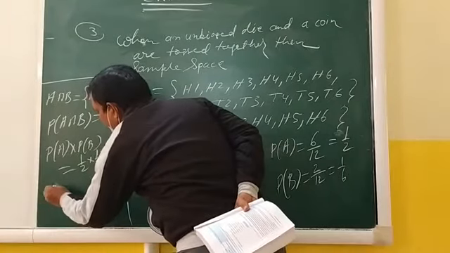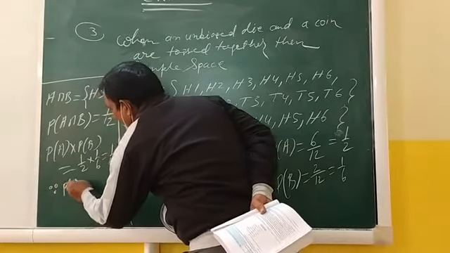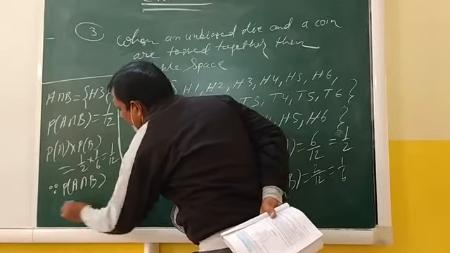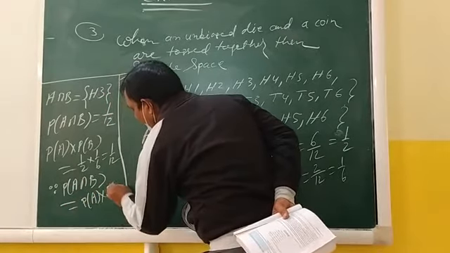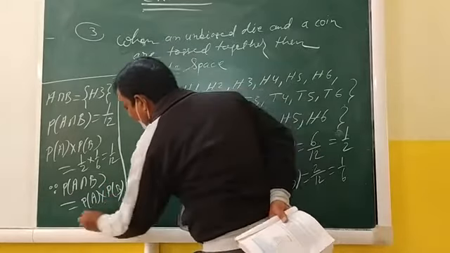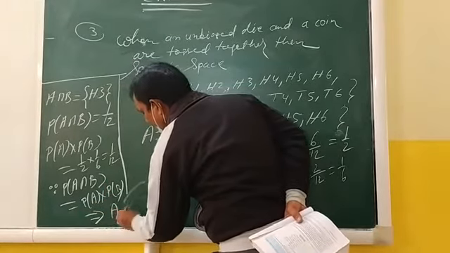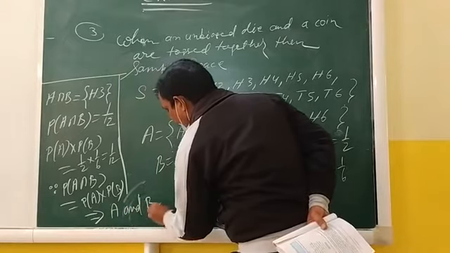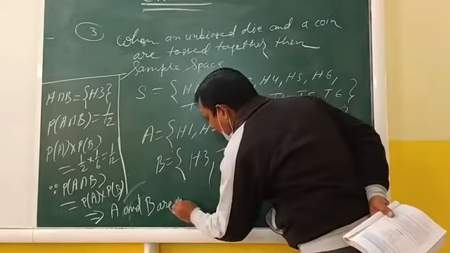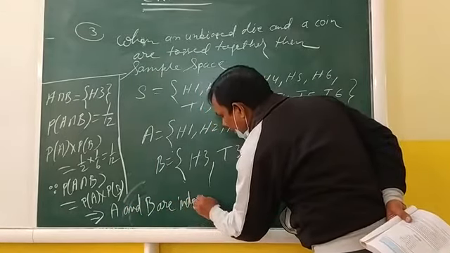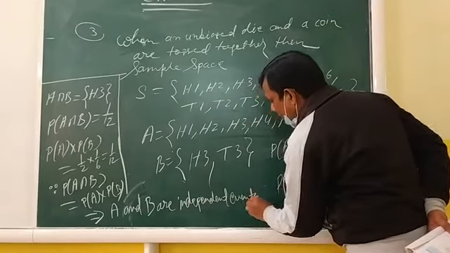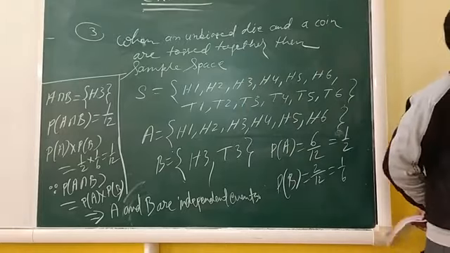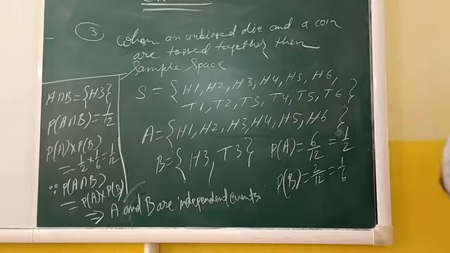So since P(A intersection B) equal to P(A) into P(B), which implies A and B are independent events. Clear? Understood everyone? Is there any doubt?